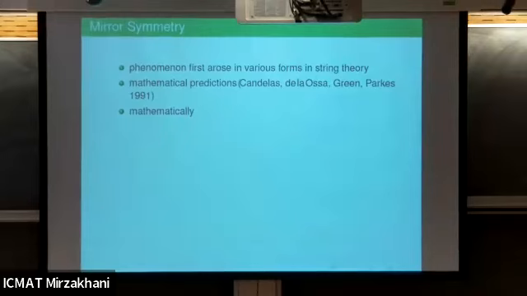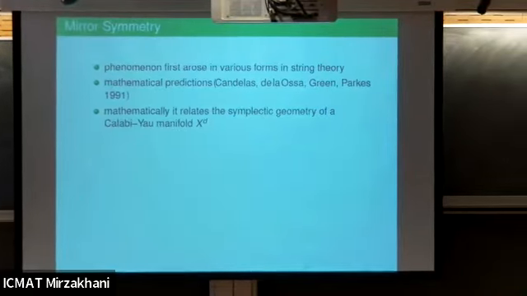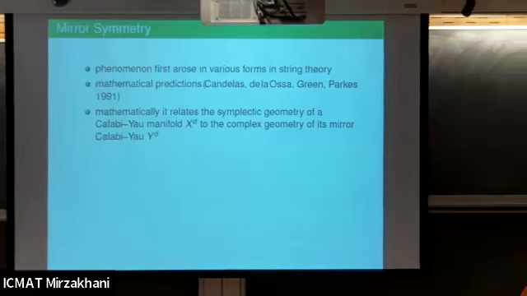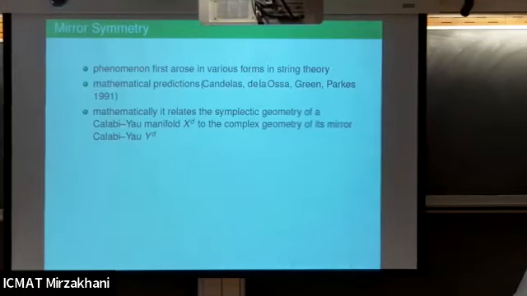Mathematically, mirror symmetry is very, very interesting because it relates two different geometric aspects of two Calabi-Yau manifolds, X and Y. On one side, we study the symplectic geometry of the first Calabi-Yau, and its mirror carries its complex geometry.